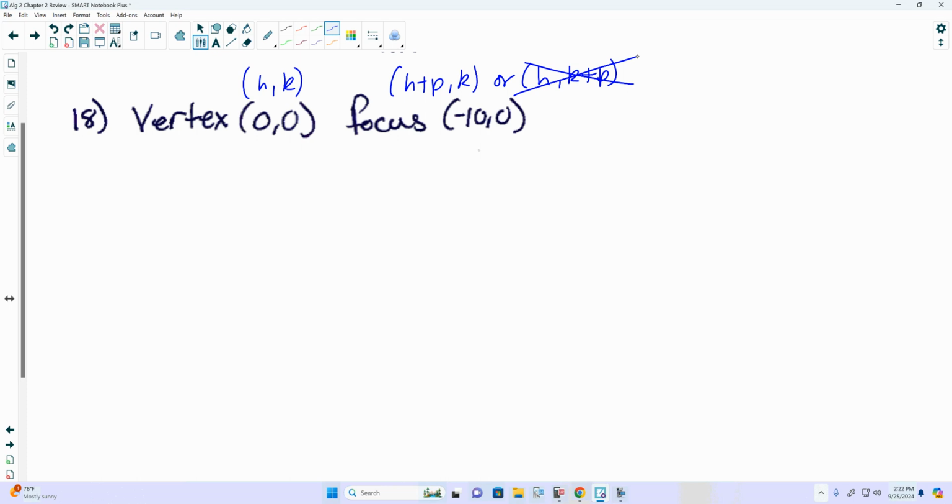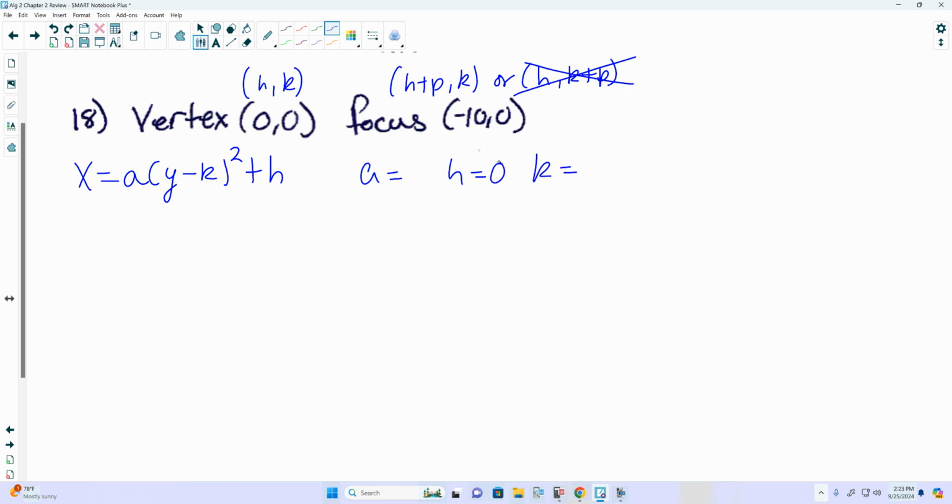Yes? Reference sheet. Which one has h plus p comma k? Well, that'd be our equation: x equals a times (y minus k) squared plus h. Because again, we keep going back to this thing, and I need to find a, h, and k.